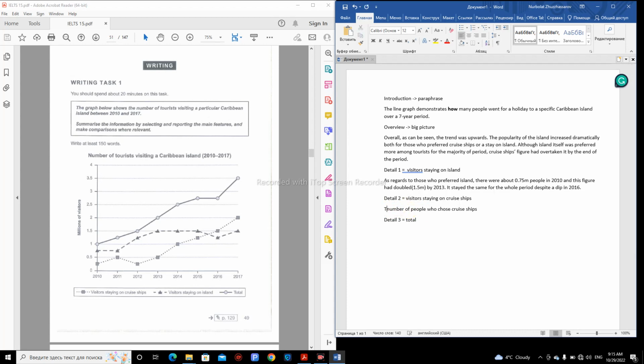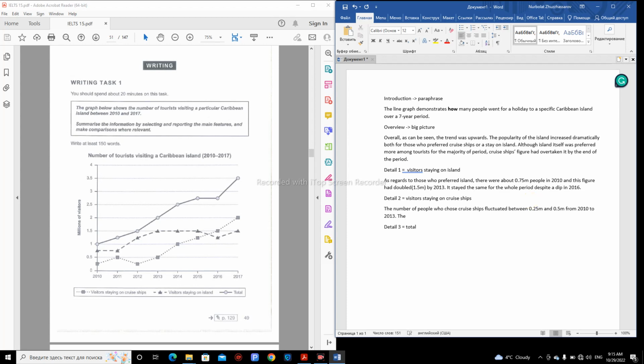We just say the number of people who chose cruise ships fluctuated between 0.25 mil and 0.5 mil from 2010 to 2013.